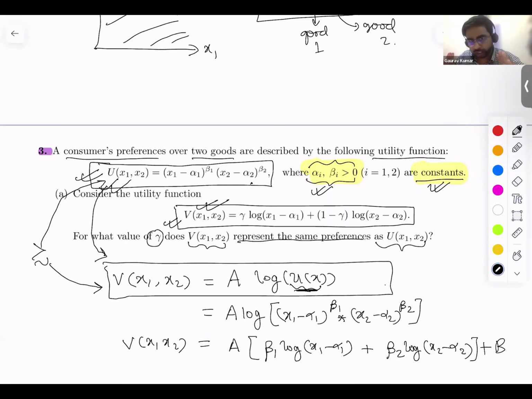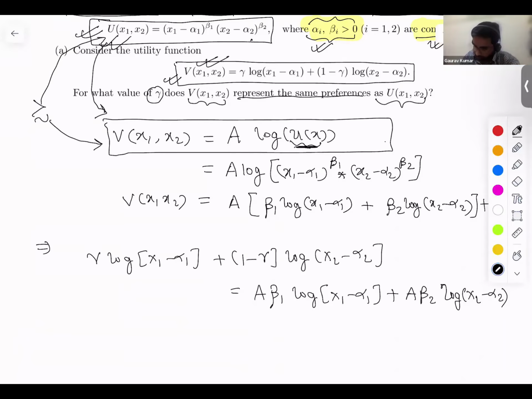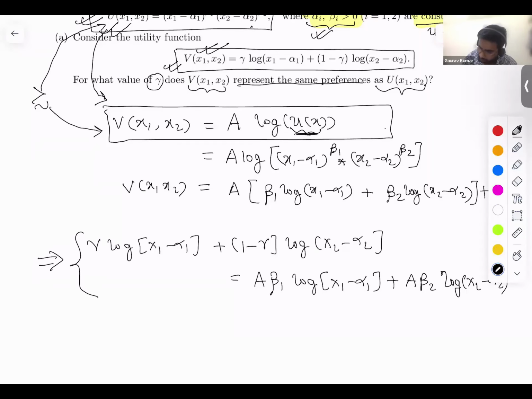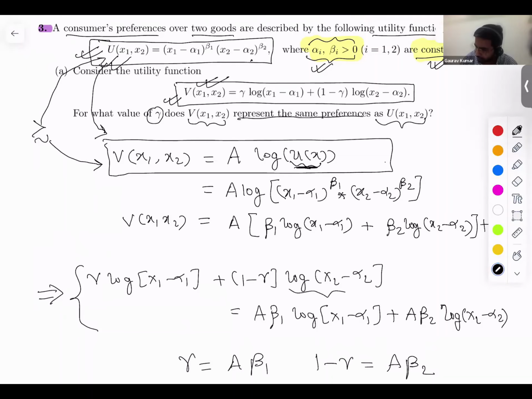Okay, since you guys are okay, now see what we have. If we have got this as a result, now when you compare both sides, you see gamma is nothing but a beta 1 and 1 minus gamma is a beta 2, because all other terms are the same.